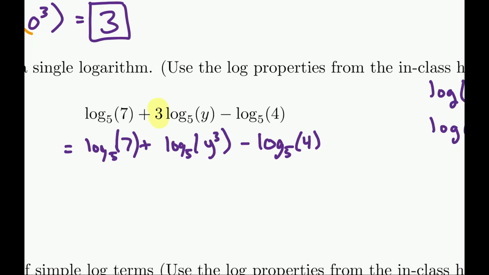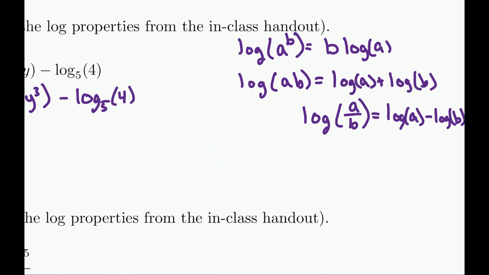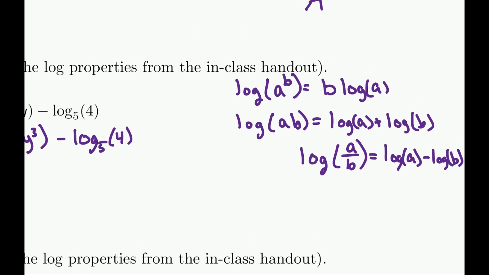So once you have that, then we basically just want to apply these properties. So anything that's being added, like the log A and the log B, ends up multiplied together. Anything that is subtracted, like this log B, then the B ends up in the denominator when you apply this identity.